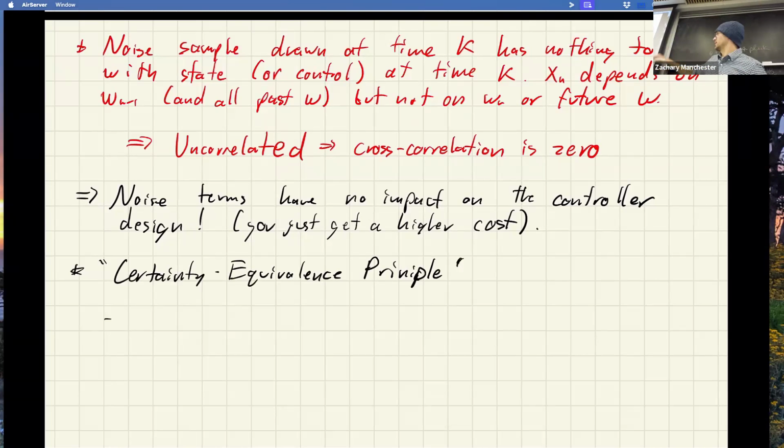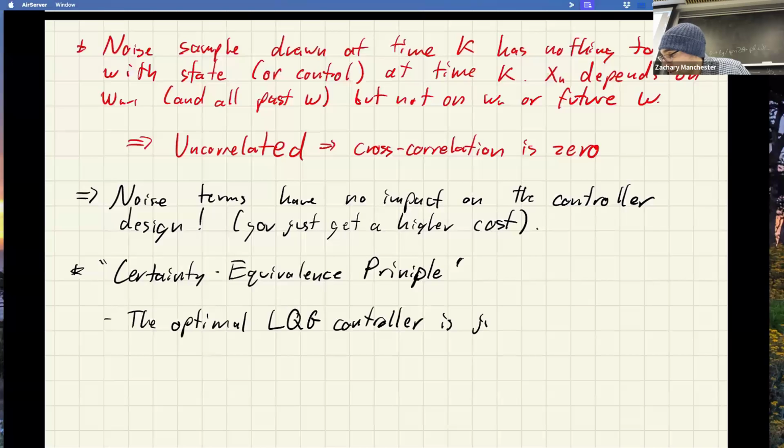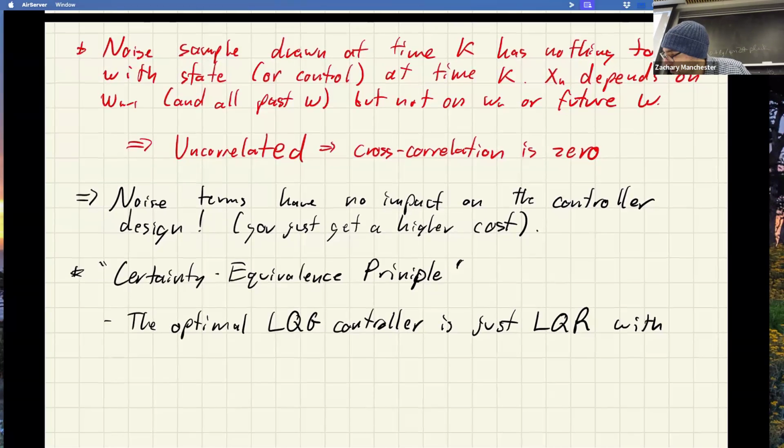And what this says is in this LQG setting, the optimal LQG controller is just the deterministic LQR controller with X replaced by expectation of X.